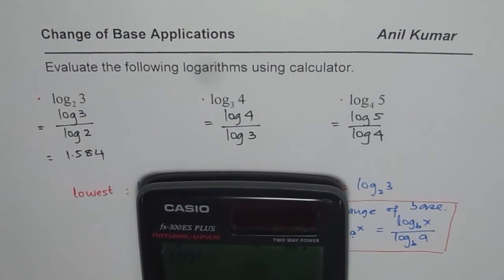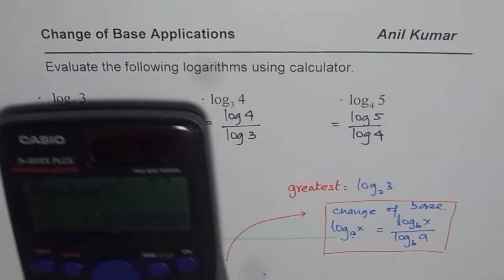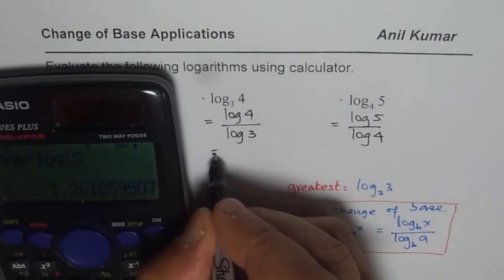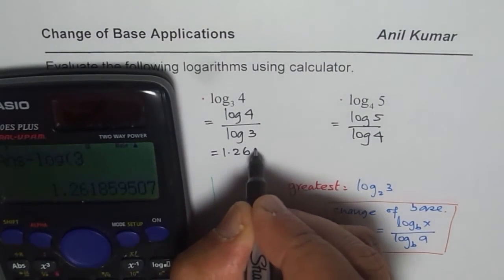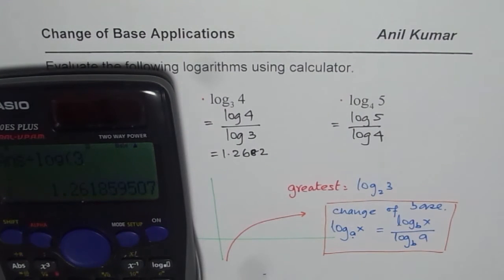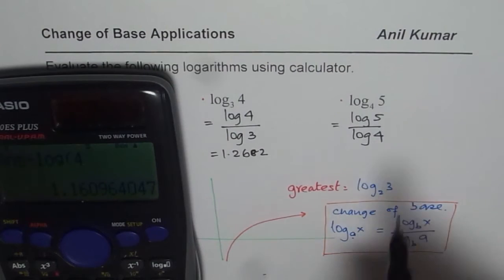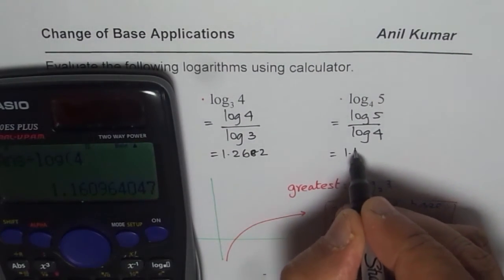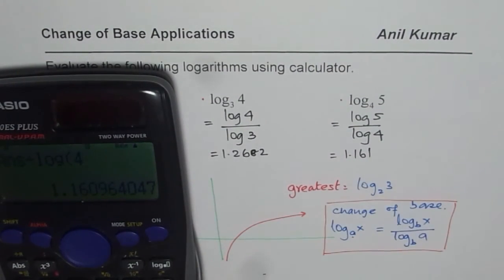Log 4 divided by log 3 equals 1.261. You can round it to 2, right? Okay, round it to 2. And the third one is log of 5 divided by log of 4. And that gives us 1.16. We can round it to 1, right?